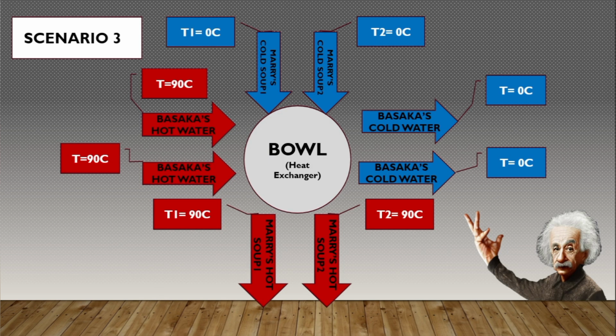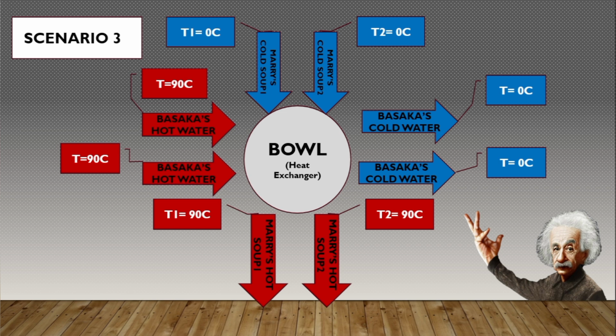So let's practicalize what we just discussed about these 3 parameters affecting the heat transfer. So this third scenario covers Mary having 2 bowls, that's same 2 bowls of frozen soup, but this time around Basaka has 2 bowls of hot water also. Let's see if that works.